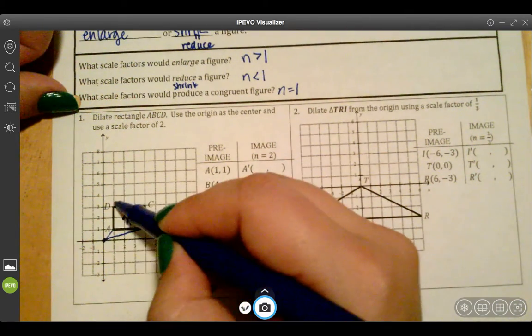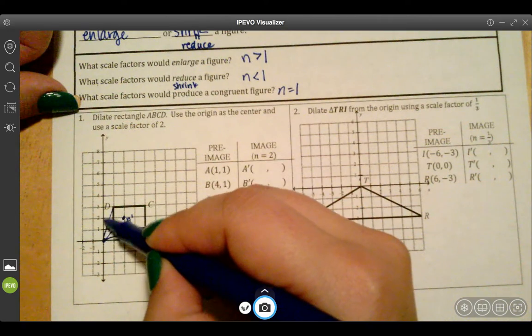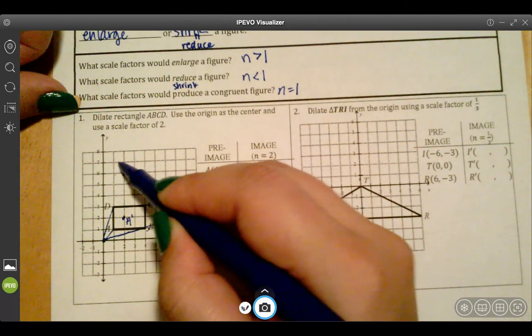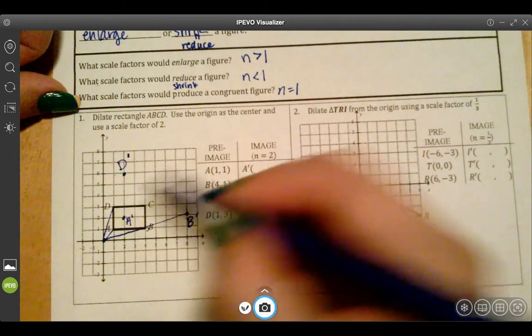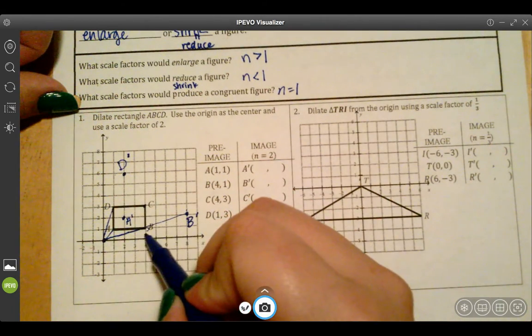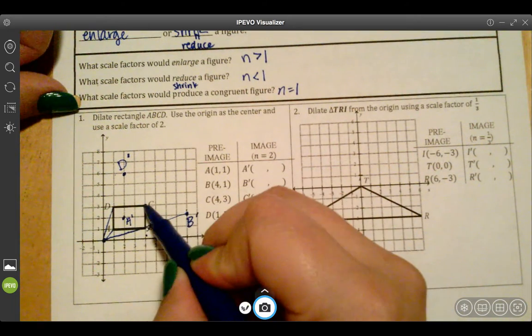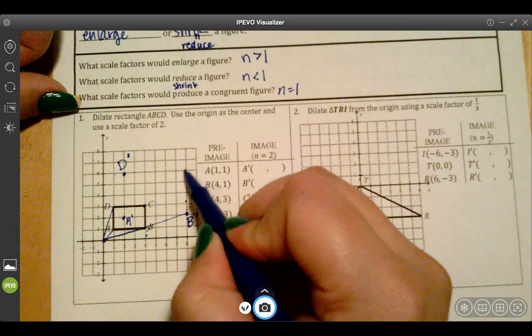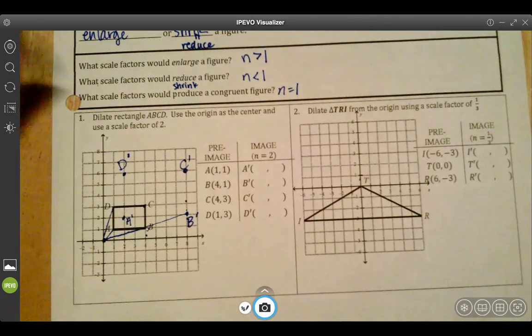From the origin to point D, I go up 3 over 1, up 3 over 1 again gives me D prime. To point C, I go over 4, up 3. Again, I do that same movement, over 4, up 3, to get C prime.